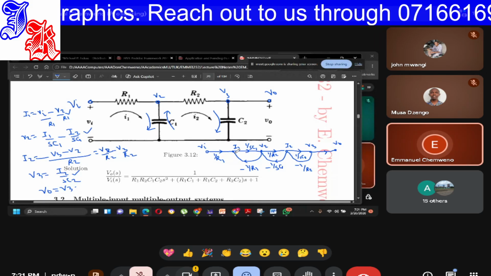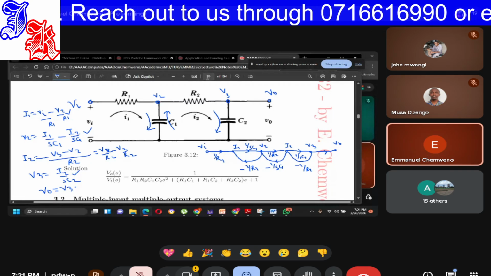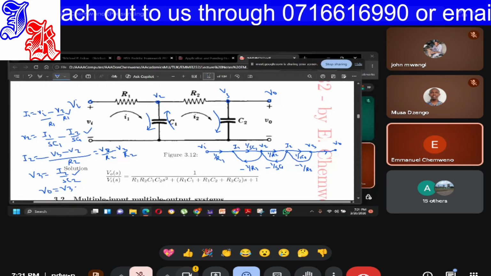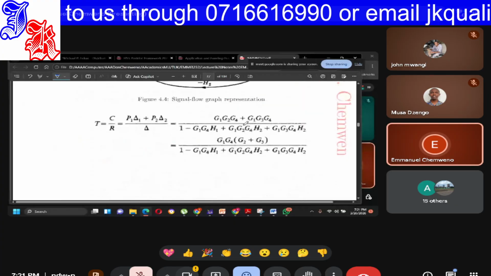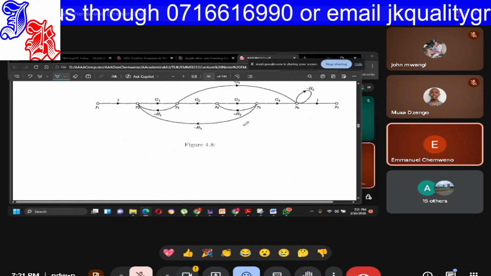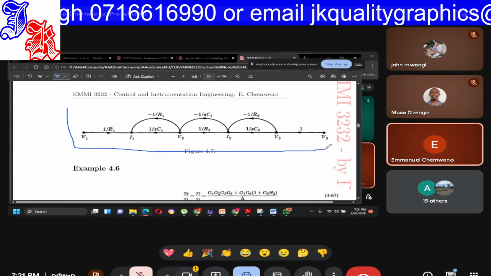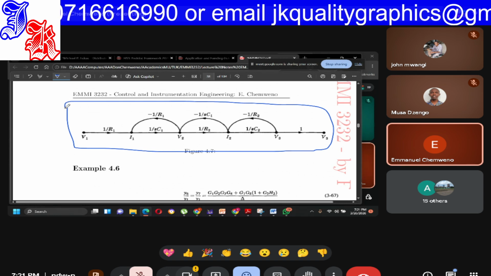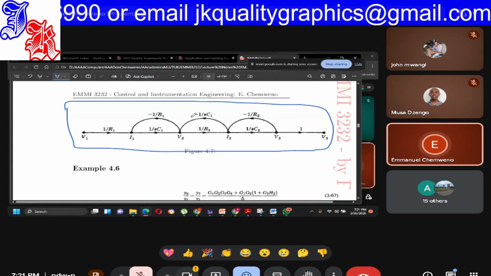And I believe this is what you have in this page 29, page 36. I'm just confirming that that's 7. Yes. See this. 1 over R1, negative 1 over R1, negative 1 over SC1.